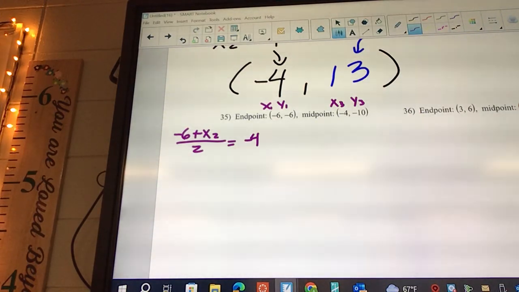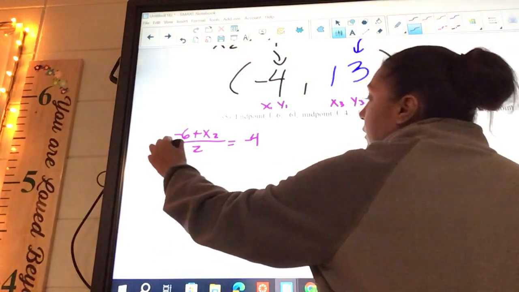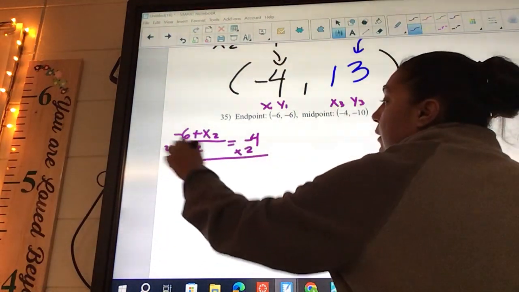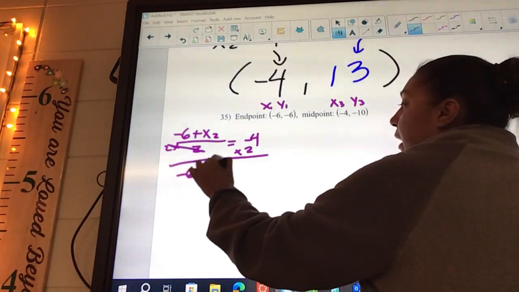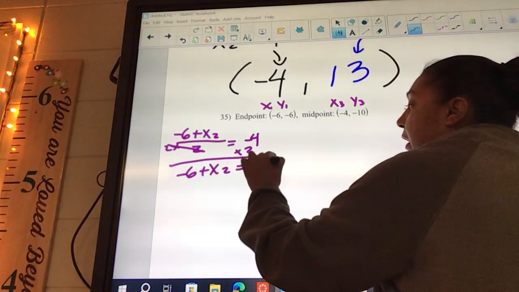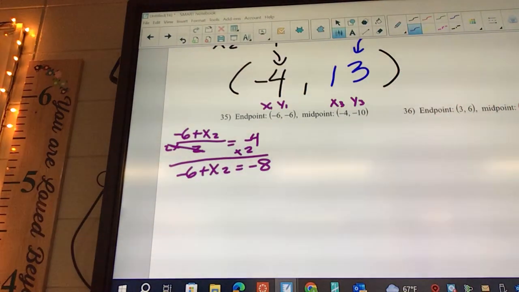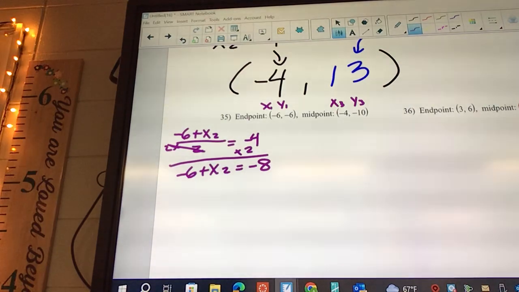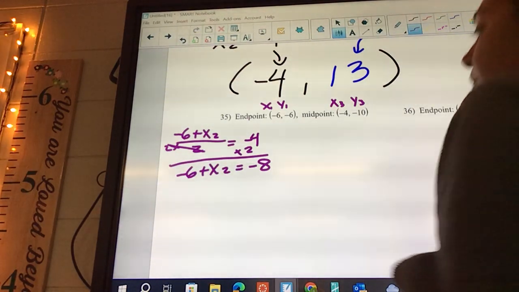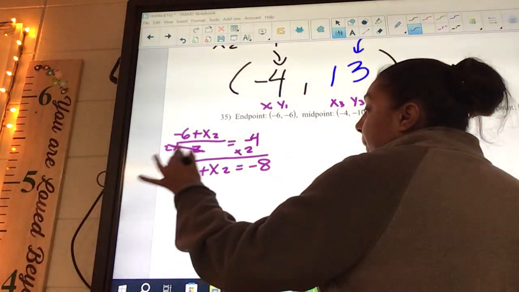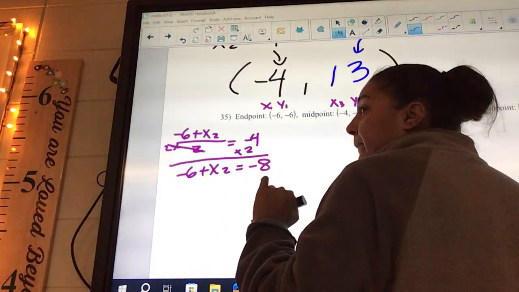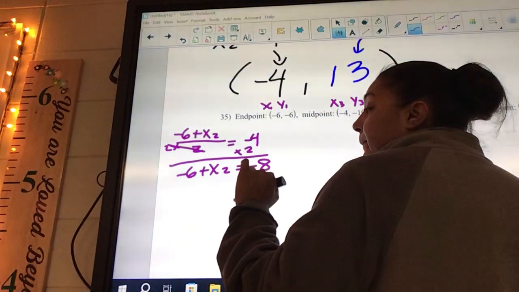We're going to times it by 2 on both sides. We get -6 plus x2 equals -8. And are we going to add or subtract? Add.